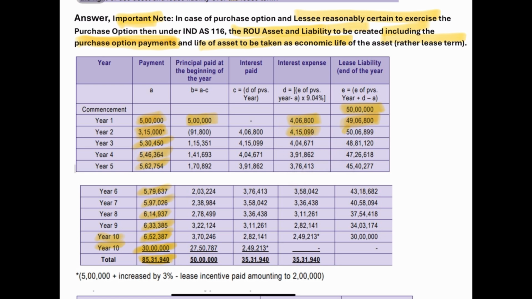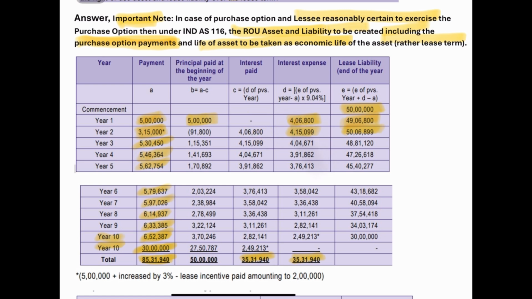Okay, and then your closing lease liability will be your opening balance plus interest expense minus your payment 3,15,000. So you will get 50,06,899. So this will become the opening balance for the next year. So like that every year you have to calculate. Okay, so your total interest expense will come to 31,940.